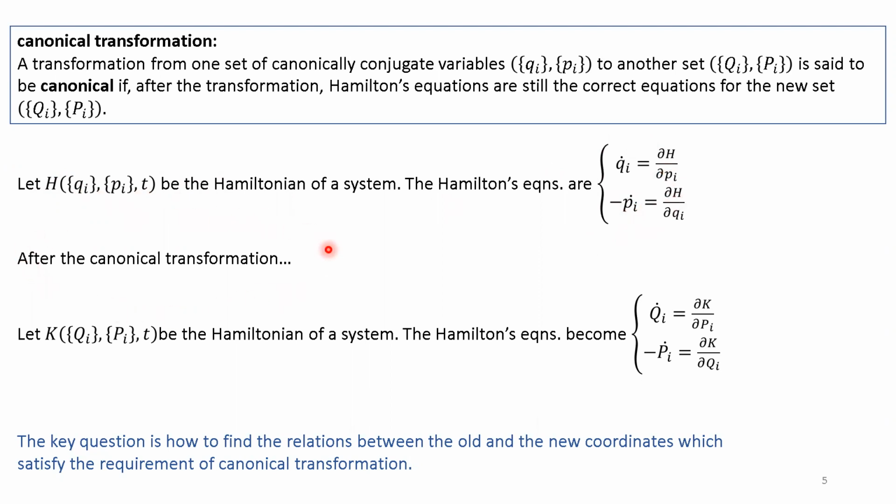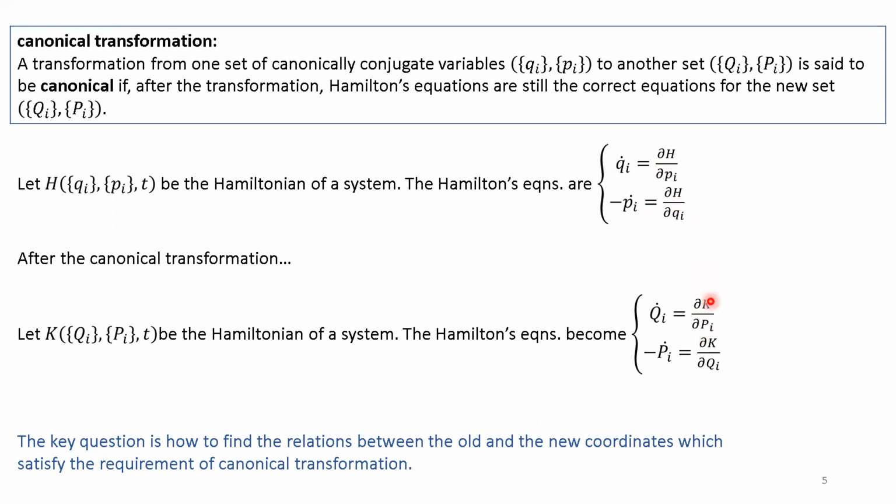After the canonical transformation, the Hamiltonian will be expressed in terms of capital Q and capital P, and I call this new Hamiltonian capital K. Hamilton's equations still take the same form. Just that small q becomes big Q, small p becomes big P, and H becomes K.